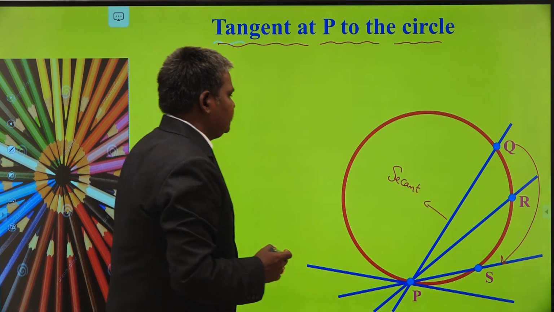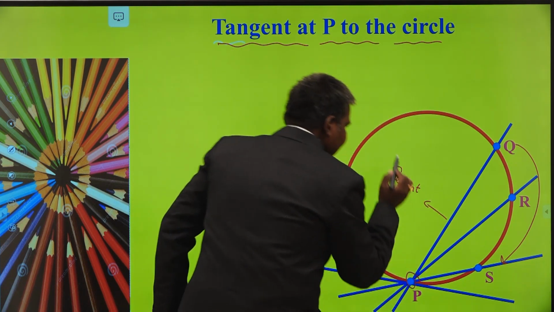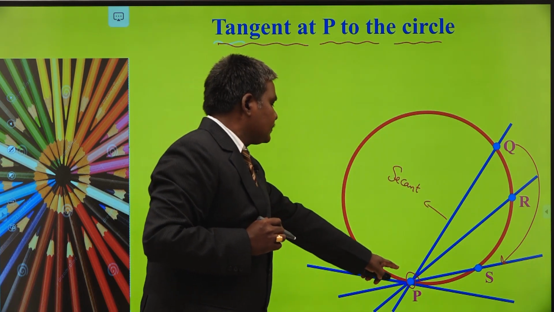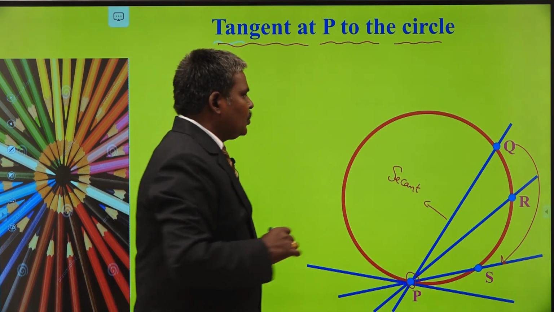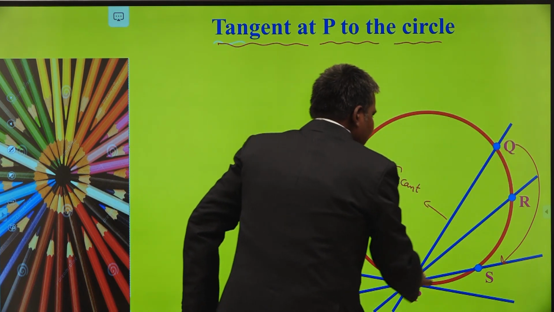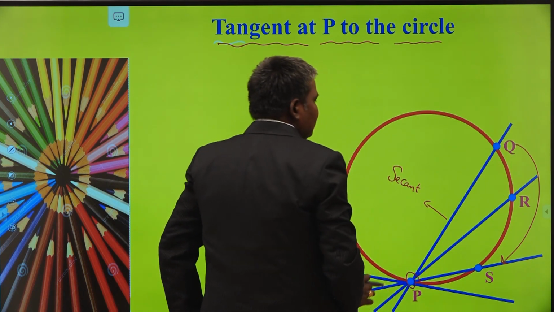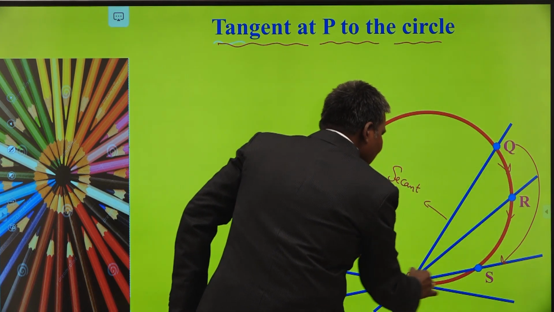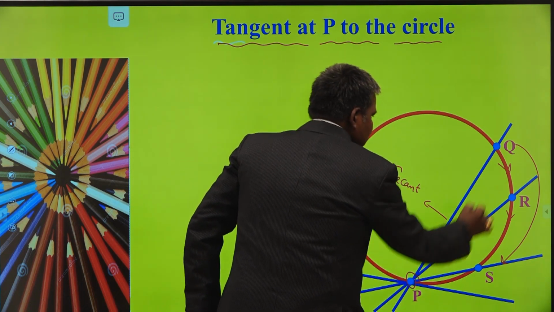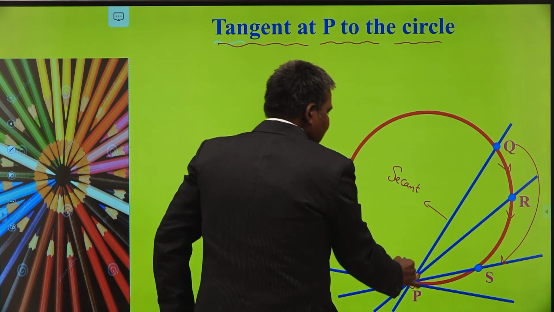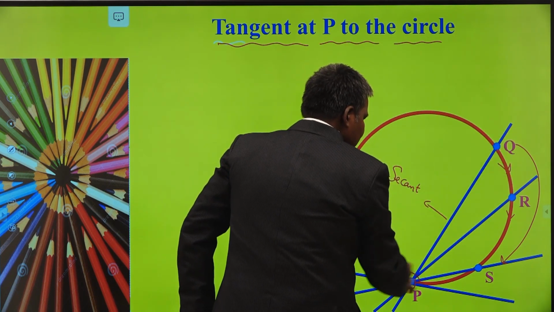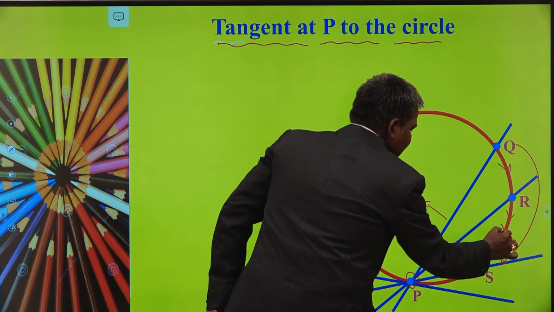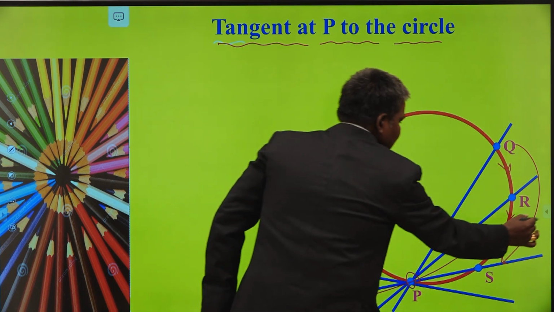See the experiment here. I want to get the tangent at P to the circle. Q is the neighboring point on the circle to the point P. Now we are approaching: the secant line becomes tangent at P as your point Q is moving on the circle in such a way that the point Q becomes P. Suppose the point Q is here, the secant line will be in this manner.